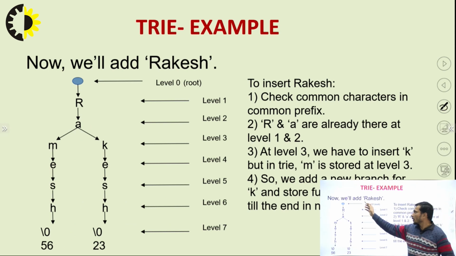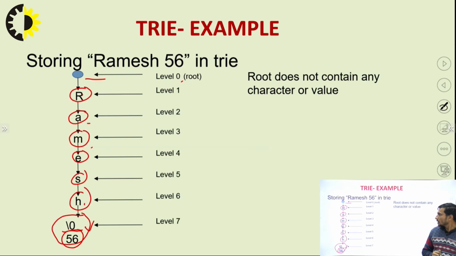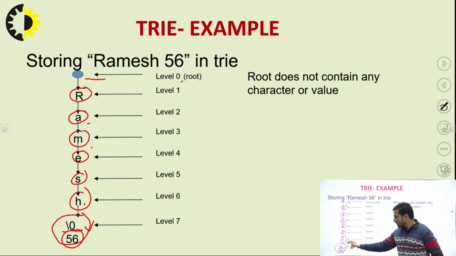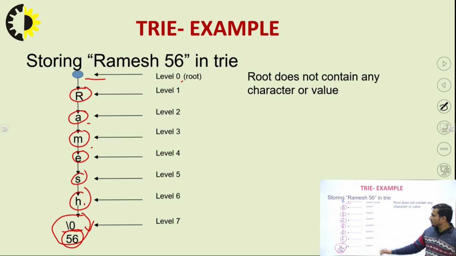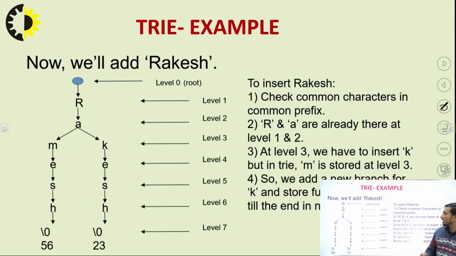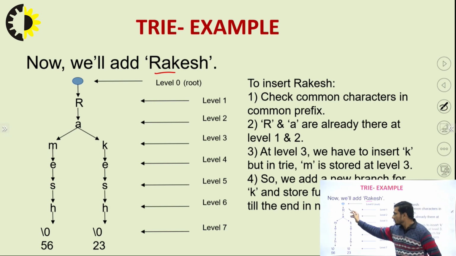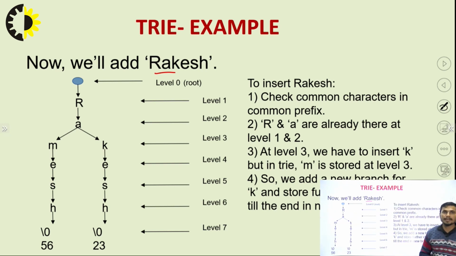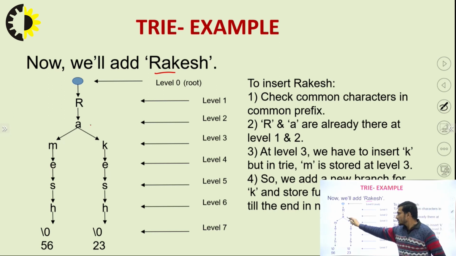Now we are going to add Rakesh here. In this we have this kind of structure. When we talk about Rakesh and Ramesh, we have this RA common. So instead of creating a different node, we will utilize the common node which is already available here. R is available here, A is available here.